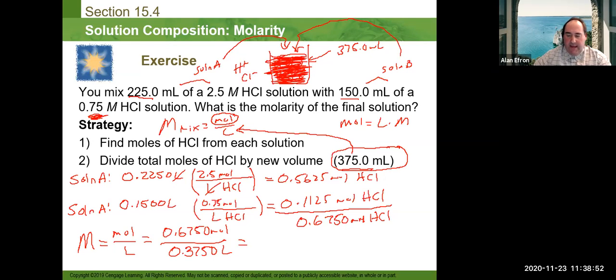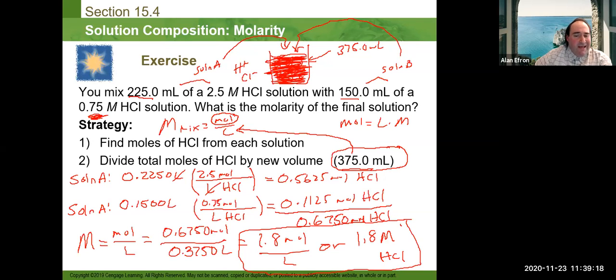If we do all that, 0.675 divided by 0.375, we end up with 1.8 moles per liter. And again, you can either do that or you can write 1.8 big M. Again, this would be HCl in this particular case.